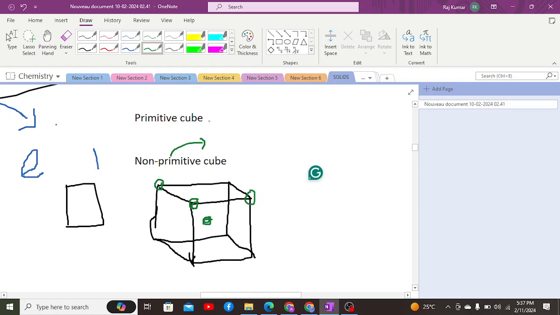Here the non-primitive cube, which is having its atom not located in the center of symmetry, can be divided into three major types: face-centered cube, such that the atoms are located at the faces; edge-centered cube, ECC, atoms are located at the edge; and on the other hand side, there is body-centered cube.